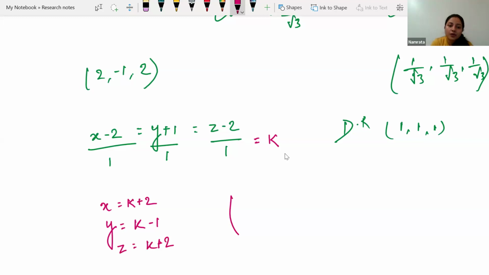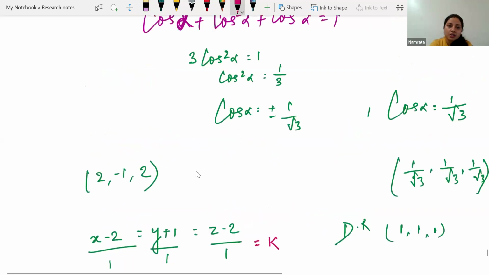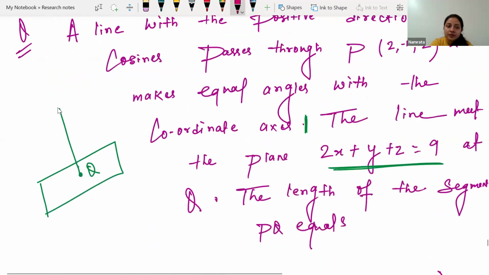So the coordinates of point Q will be K plus 2, K minus 1, K plus 2. We are taking just a random variable K, and we are saying that the coordinate of point Q, you can see, is lying on the line and Q is also lying on the plane.